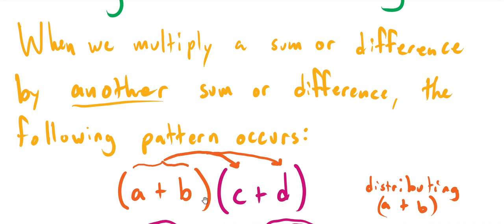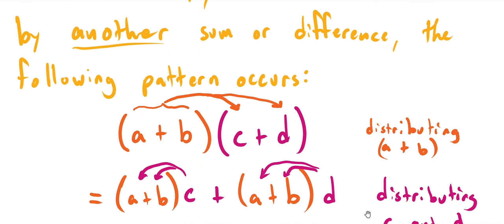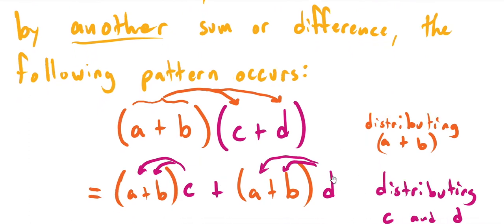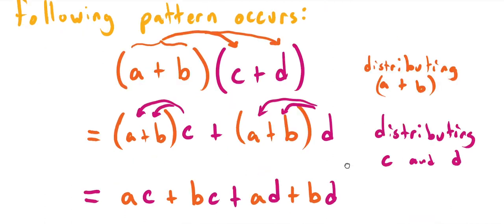So treating a plus b as one quantity and distributing that, I times c by a plus b, and I times d by a plus b. And I would get this. Now we could distribute the c and the d each inside the a plus b term. And what we would get are these 4 terms.